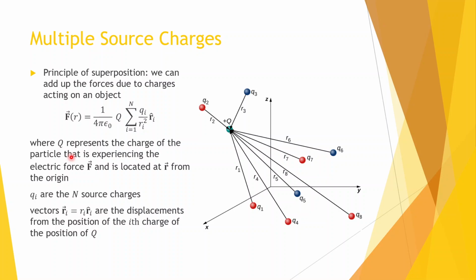Capital Q represents the charge of the particle that is experiencing the electric force, and it's located at some distance r from the origin. So if we have some origin, say here, this would be the distance from that origin.